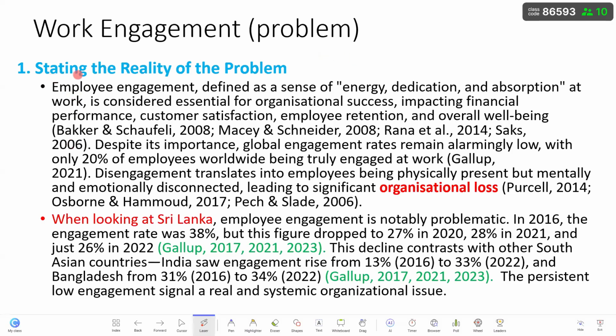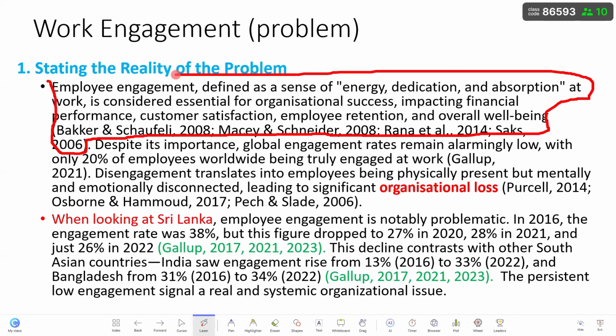You need to state the reality of the problem first: why and how work engagement is a problem today. Go through this paragraph. "Employee engagement defined as a sense of..." This is the background information up to this point, to give the general reader a rough understanding of what employee or work engagement is.